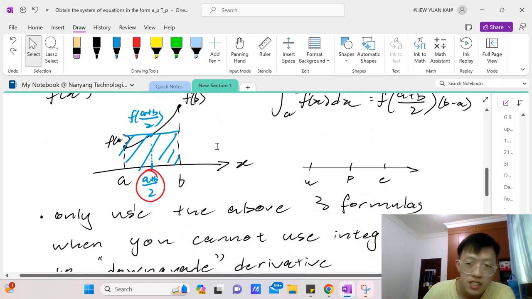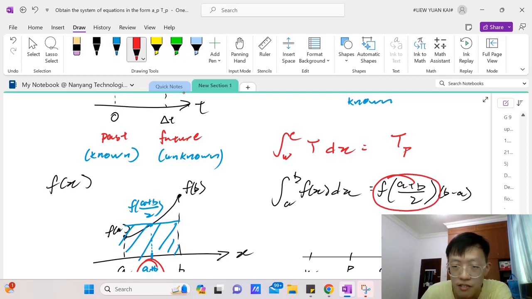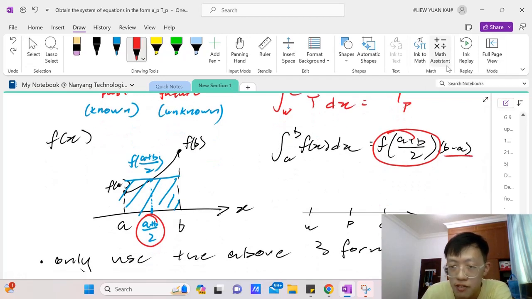So if I want to evaluate the integral from west to east of t using this formula, this will become t of p. This means the central value of f. In this context, the central value of t at p will be tp. I hope you can understand that. And then what does b minus a refer to? B minus a refers to the length of the segment, and we already know how long this segment is. It's always delta x.